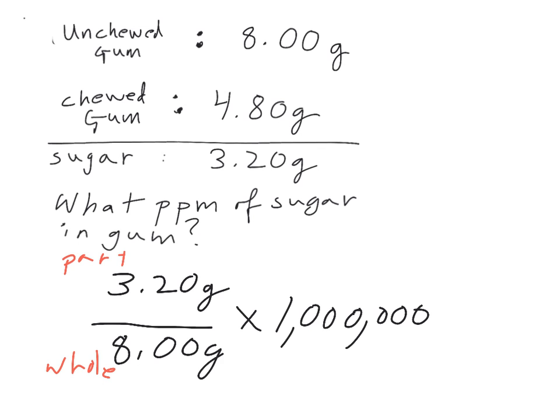You can just type 1,000,000 into your calculator that way. And you do that, so you get 3.2 divided by 8 times 1,000,000, so you got to type in 6 zeros. And you get, as an answer, 400,000 parts per million of sugar.